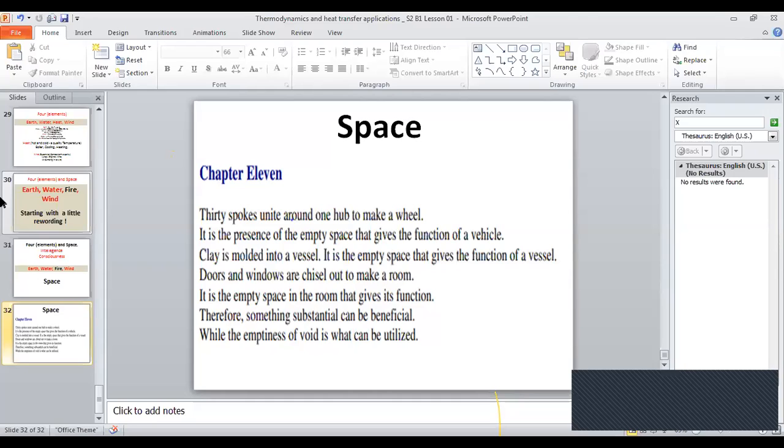And the last one: while the emptiness of void is what can be utilized. So you should utilize the emptiness of the void. Void means emptiness. So space, emptiness, void.